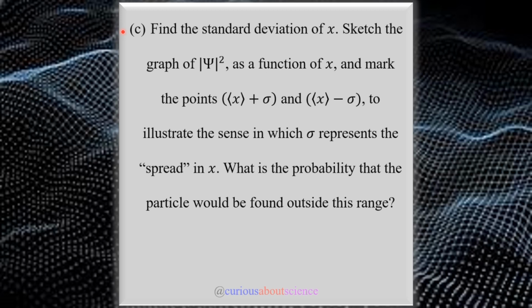Sketch the graph of the wave function squared as a function of x, and mark the points expectation x plus sigma and expectation x minus sigma to illustrate the sense in which sigma represents the spread in x. What is the probability that the particle would be found outside this range? We're going to have to use some clever math on that, so stay tuned.